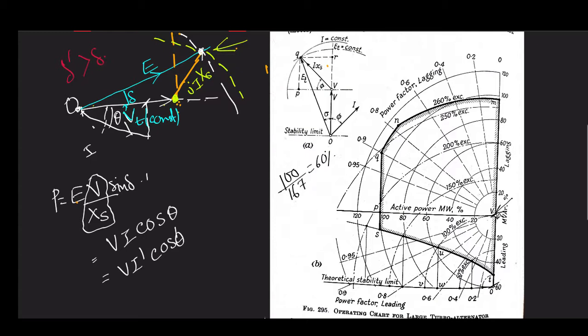So this is the condition when your generator voltage and terminal voltage are matched. Now if you come in this direction, your generator voltage is so small that you are actually absorbing leading power from the infinite bus bar. The generator is drawing leading current, and here it is drawing lagging current.